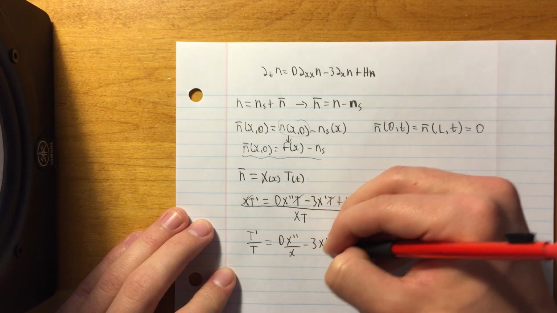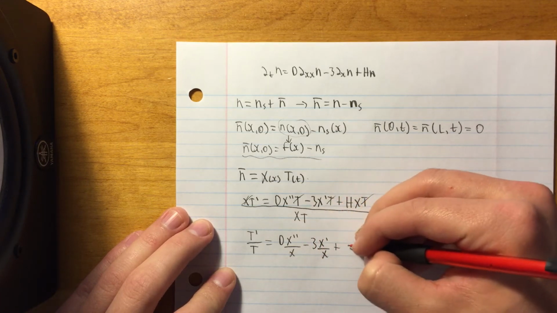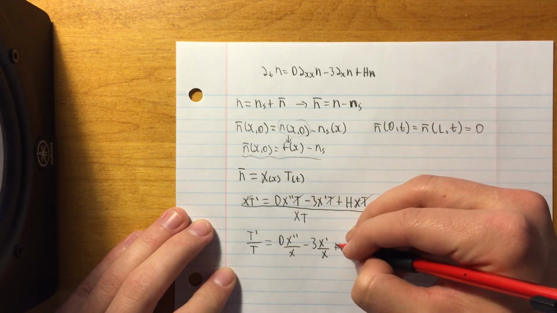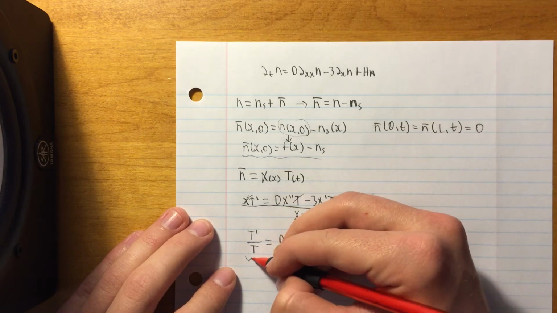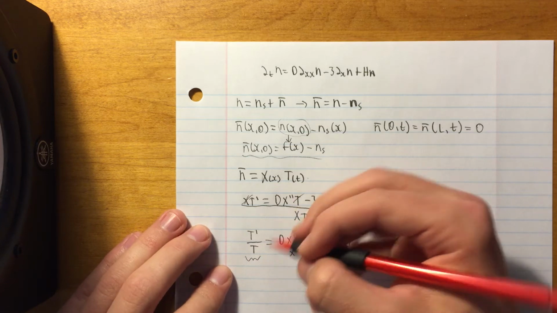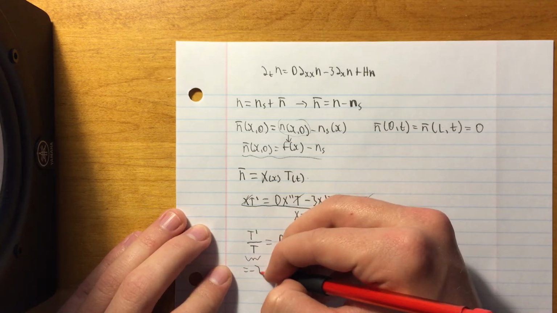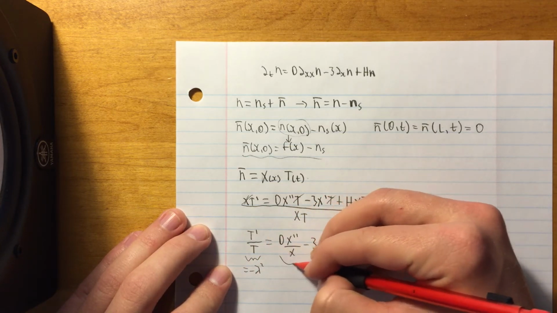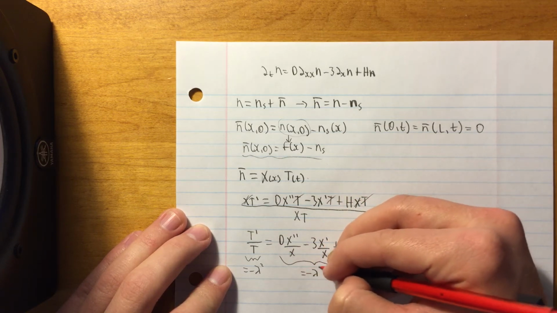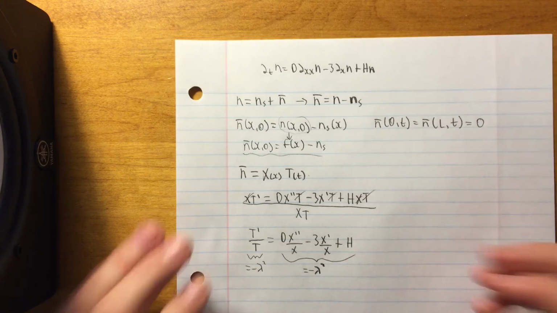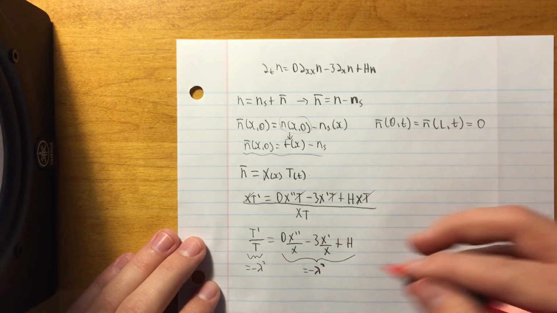Minus 3x prime over x plus, and this x cancels out as well, plus h. Cool, so we're going to set this left side equal to negative lambda squared, and we're going to set this right side also equal to negative lambda squared, which are just constants, and that satisfies this equation.